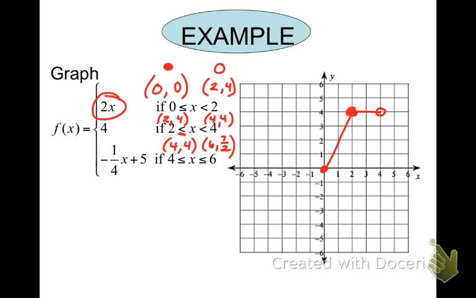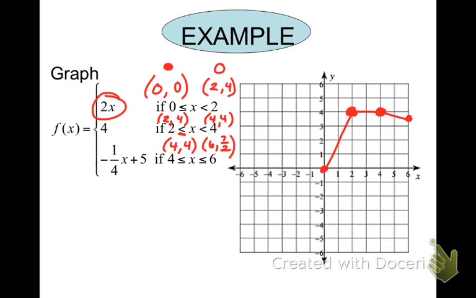So at 4, 4, what's going to happen? I'm going to turn that into a closed dot. At 6 and 7/2, so 3.5, I'm right about here. Closed dot and connect. There's my piecewise function.